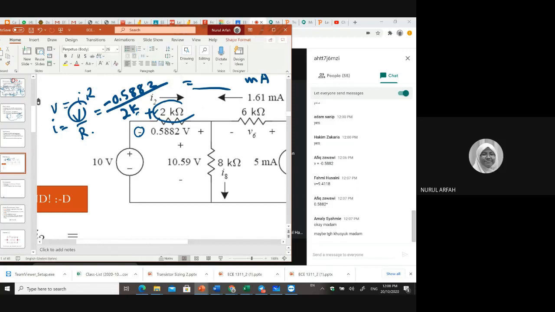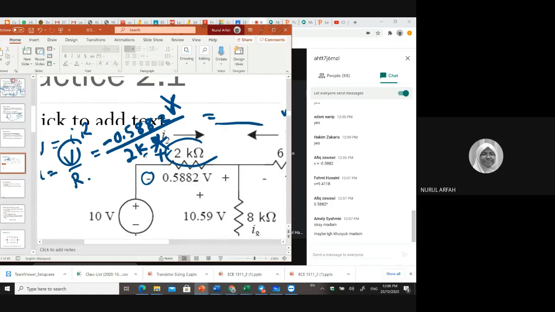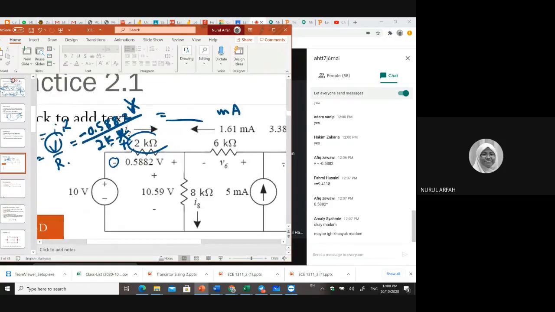So this one you can use your calculator. But please do not write down the unit in your equation like this one, V. No V, no ohms. This one is wrong. Please just write down the value. For your final answer, yes, you may put the unit and prefix. Do not forget the prefix. Sometimes students forget this kilo.